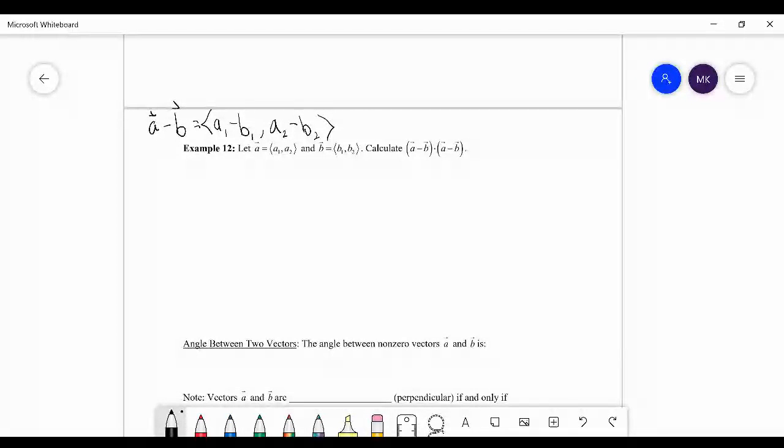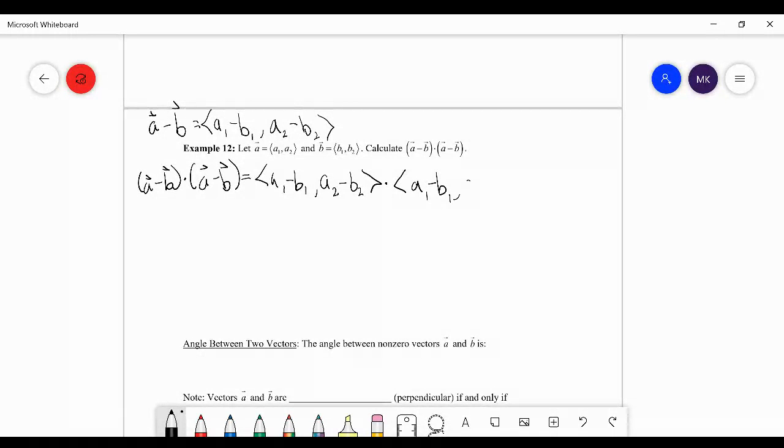So that means that vector A minus vector B dotted with vector A minus vector B is going to be A1 minus B1, comma, A2 minus B2, dotted with A1 minus B1, A2 minus B2.